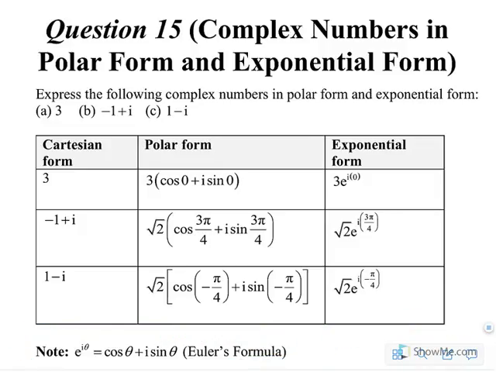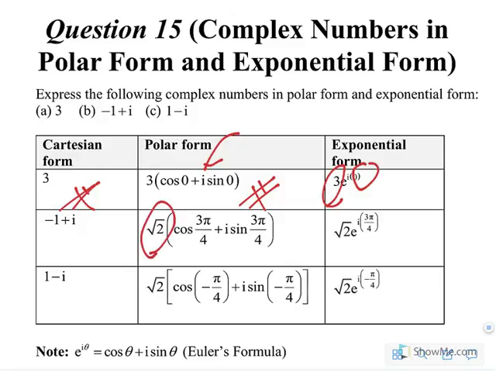So very quickly, this is the Cartesian form. Then this is the polar form. What is the argument of 3? The argument of 3 is just 0. What is the modulus? The modulus is just 3. So remember your two friends: what is the modulus, what is the argument? They must never leave you.